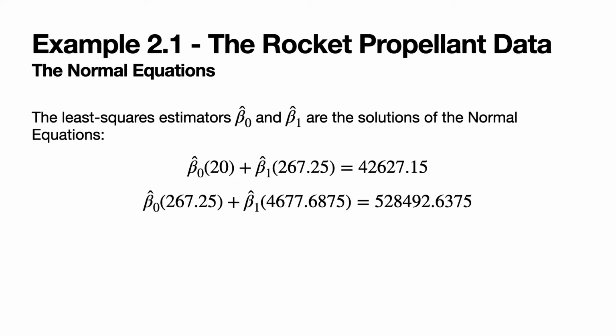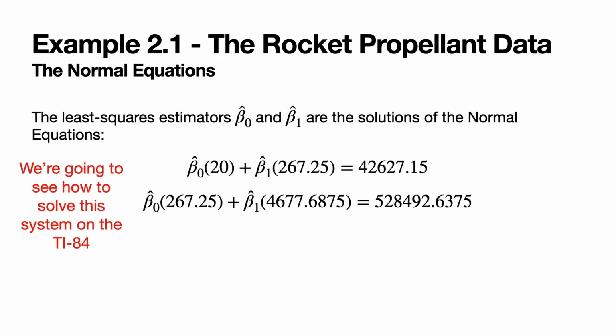And so we see that those summary statistics, once they've been calculated, become coefficients on beta 0 hat and beta 1 hat on the left-hand side of the equation, as well as the two constants on the right-hand side. And we're also going to see how to construct the augmented matrix for this system on the TI-84 calculator.